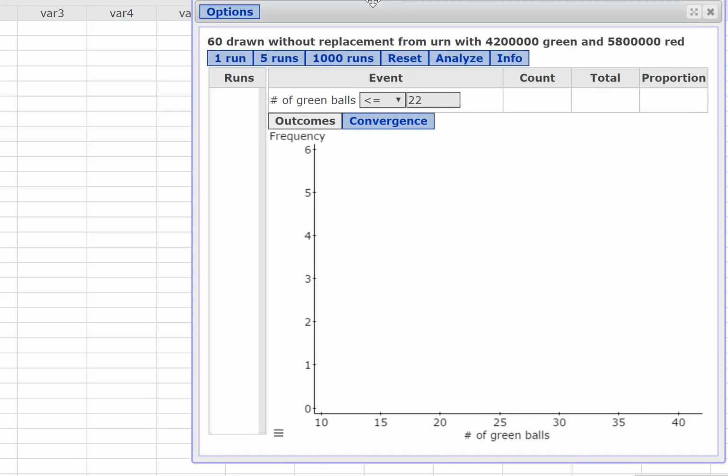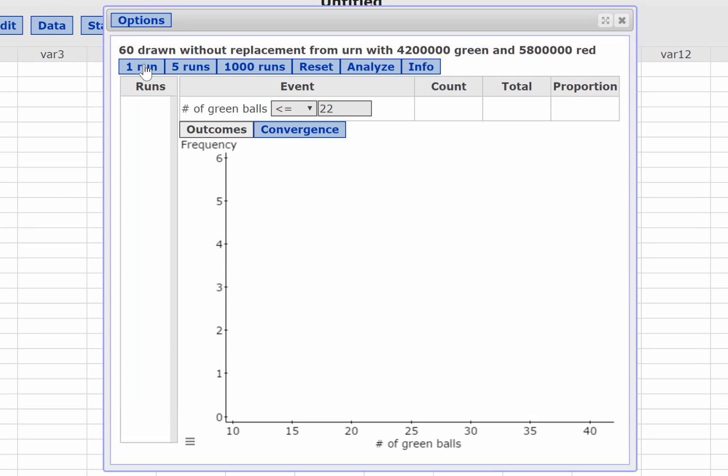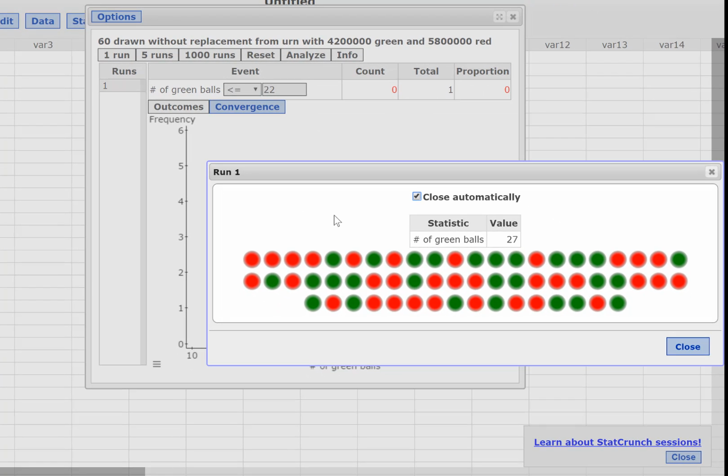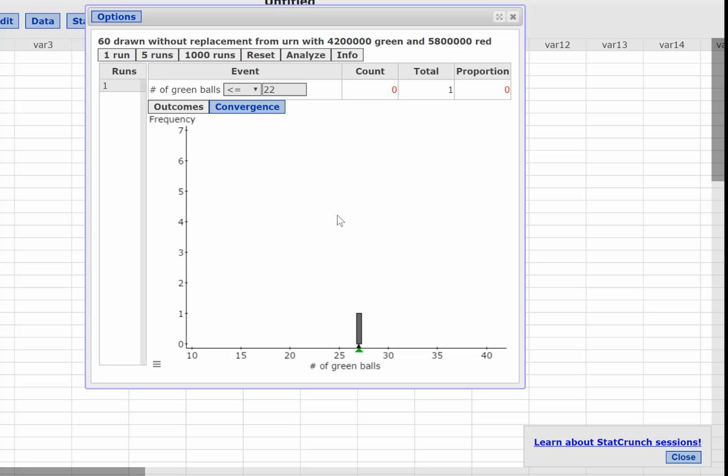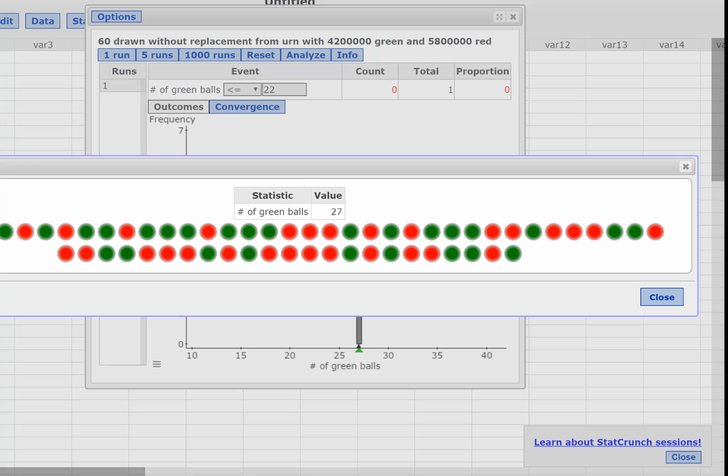Click Compute. What I'm going to do is click one run. And if you watch carefully what happens, I am basically selecting 60 balls out of the urn, asking each of those balls, are you Republican or not, and then recording the result. So when I click on this, each red ball, they're not Republican.